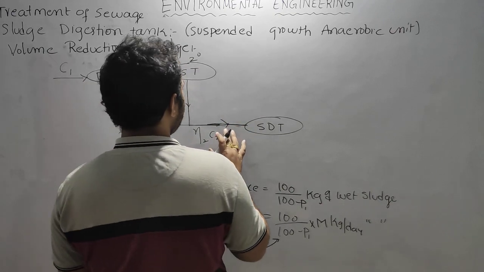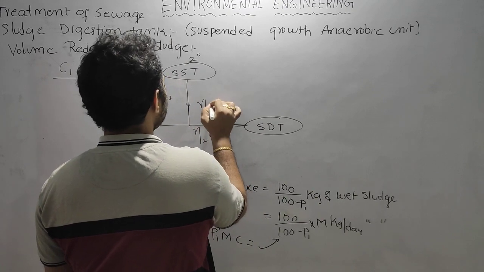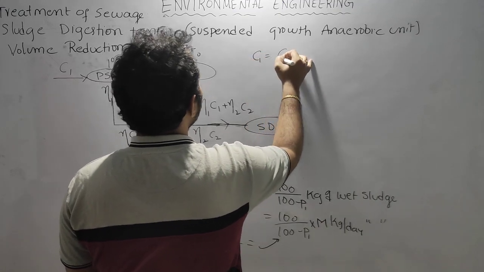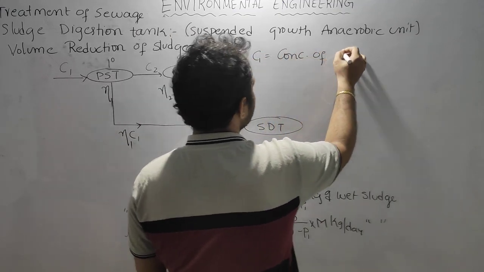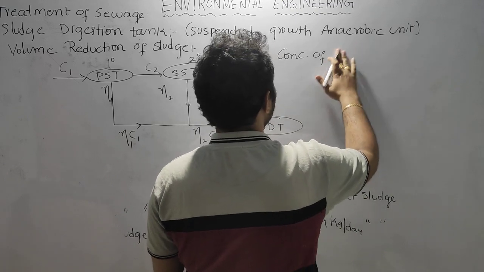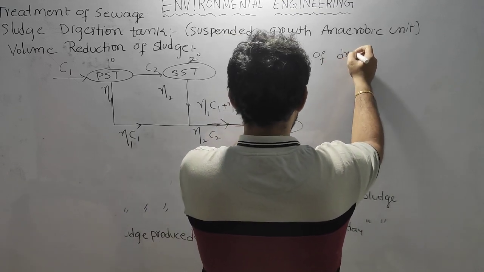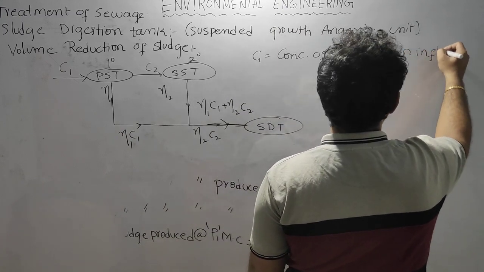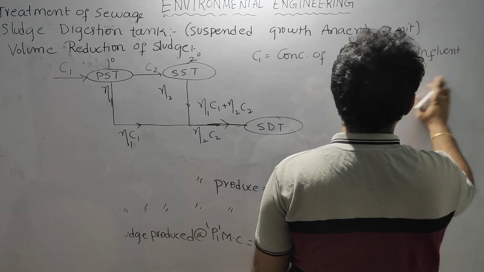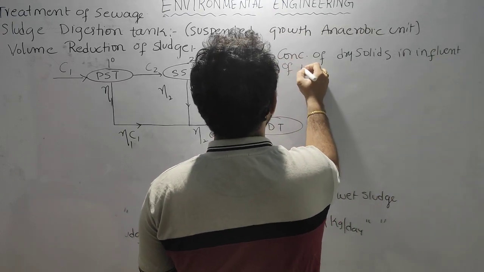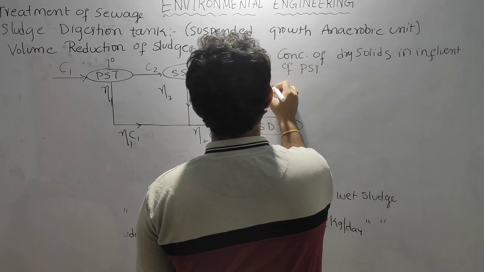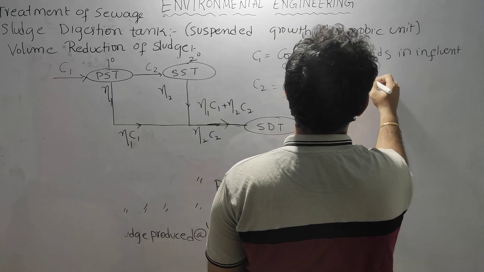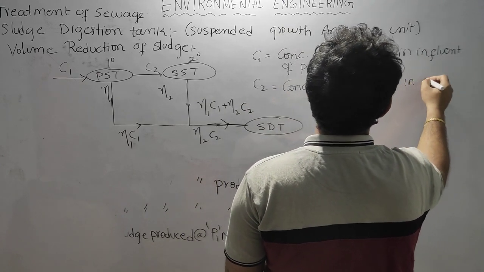The solids entering into the sludge digestion tank are eta 1 C1 plus eta 2 C2, where C1 is the concentration of dry solids in the influent of PST, and C2 is the concentration of dry solids in the influent of SST.